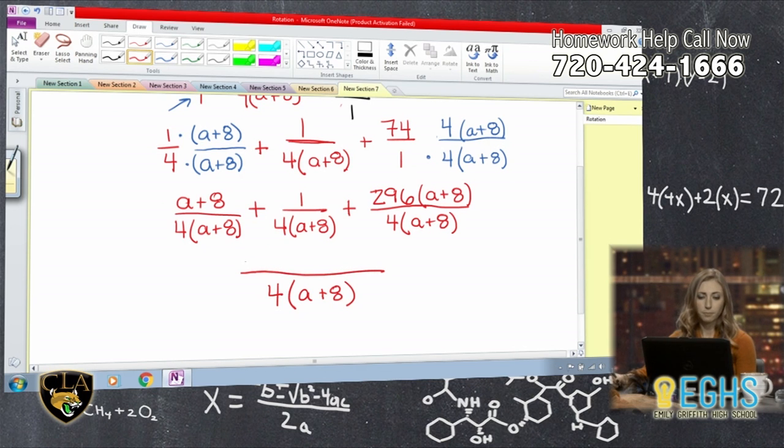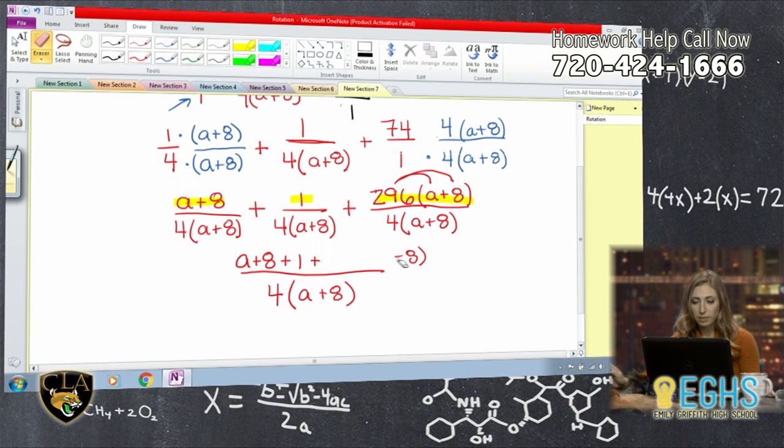And the numerator is now going to be all of our numerators added together. So we have a plus 8 plus 1, that's our second numerator, plus 296 times a plus 8. Now, at this point, I'm going to distribute this 296 times a plus 8, just so I can maybe eliminate steps.